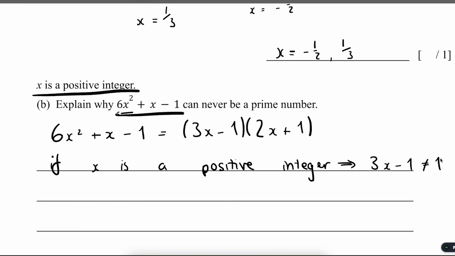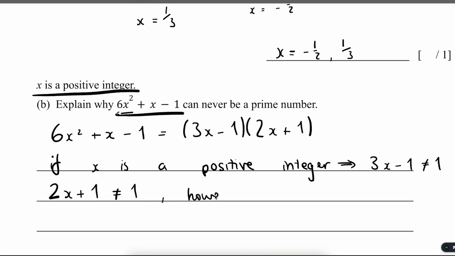So if we start with the smallest, 3 minus 1 is 2, so it's too big. And 2x plus 1 cannot equal 1 either, because again, start with 1, 2 lots of 1 is 2, 2 plus 1 is 3, so it's too big. So if x is a positive integer, none of these can equal 1.